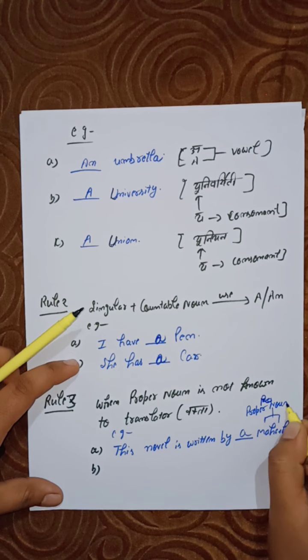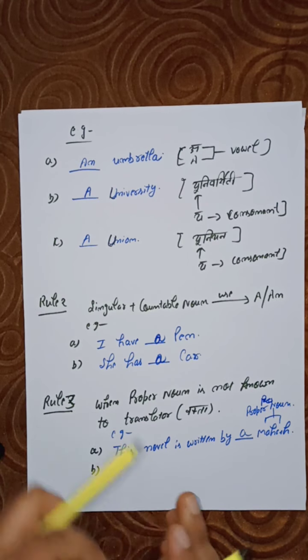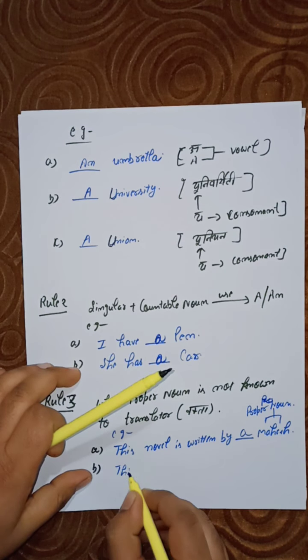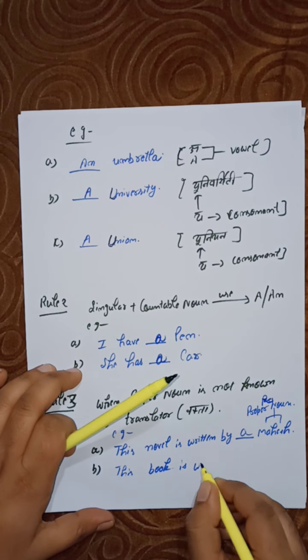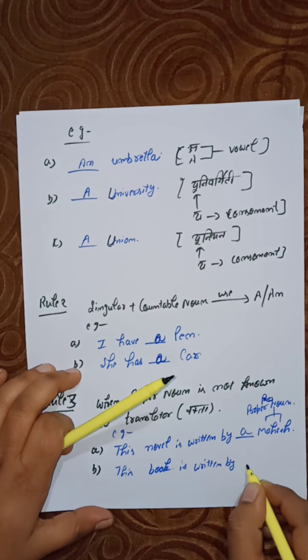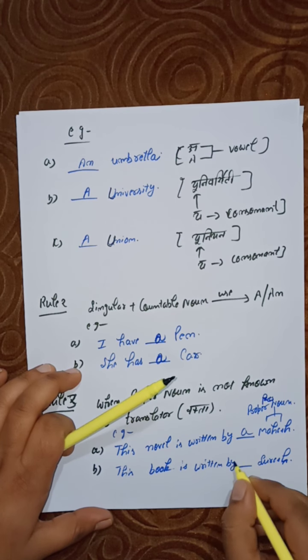A proper noun is the name of a person, place, city, etc. And one more example: this book is written by dash Suresh.